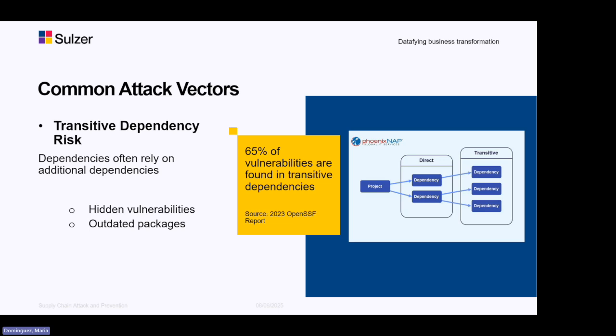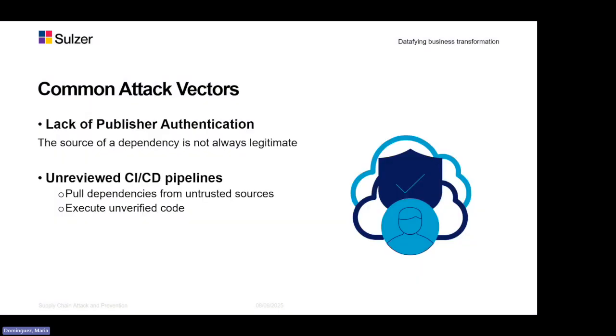Maybe when we realize it, it is too late. These risks are very difficult to notice in our code. And now let's touch on the lack of publisher authentication.